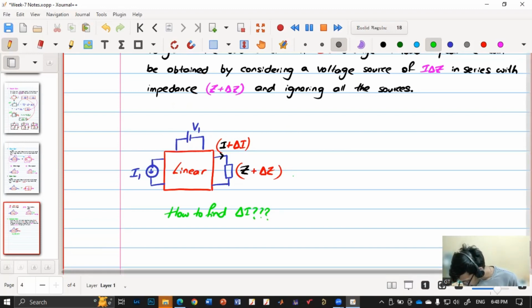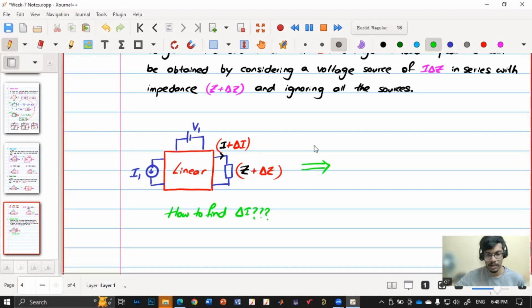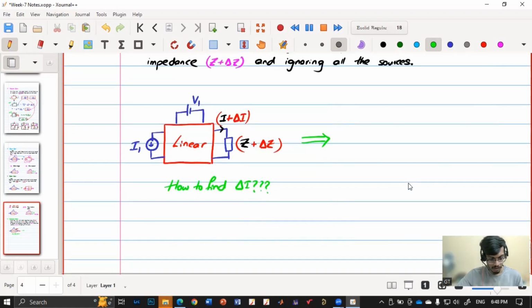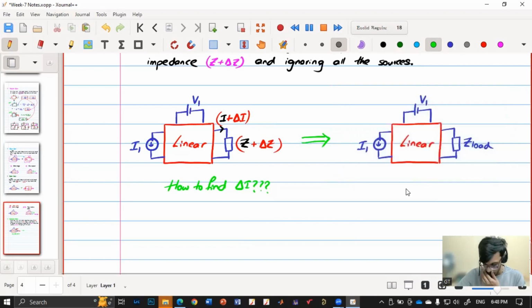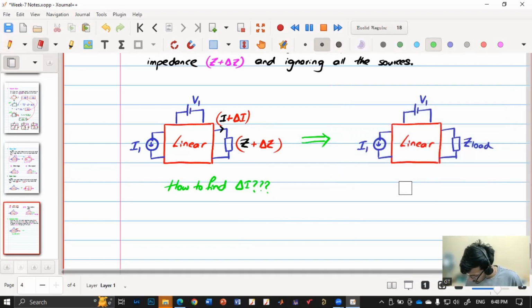What it says is this circuit, or the load, can be replaced by a voltage source of I delta Z in series with this impedance, and remove whatever sources are there in the circuit. Let me just connect this. First, we'll remove the voltage source, we'll remove the current source, and we'll also remove this. So we'll go one by one.